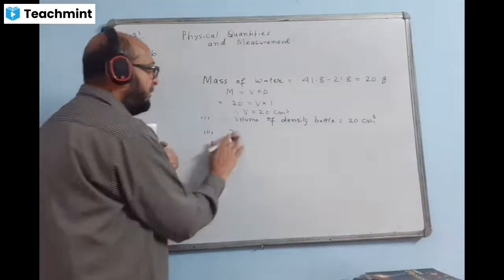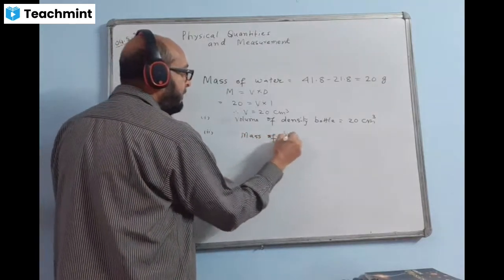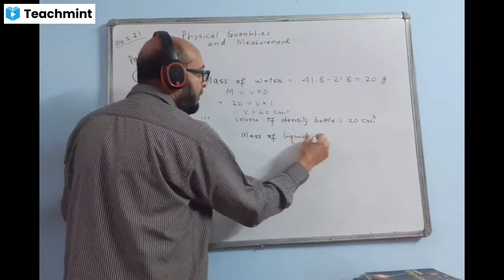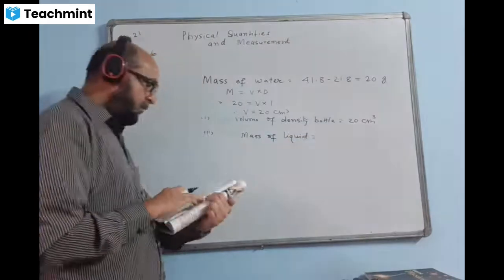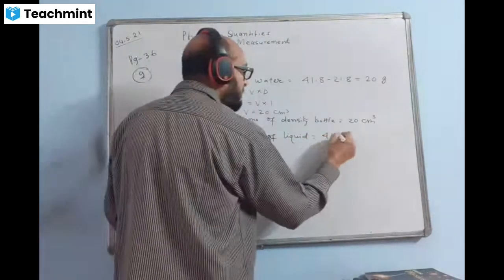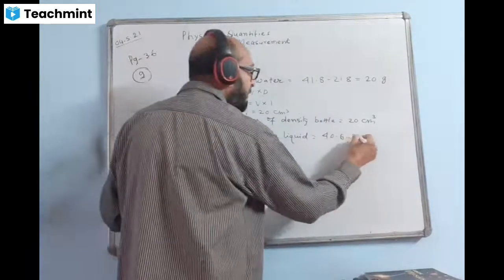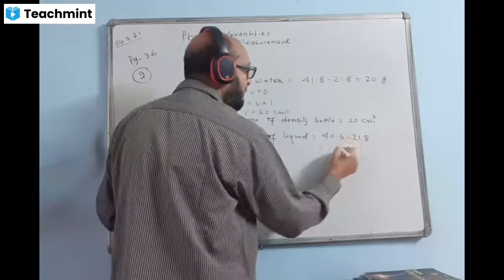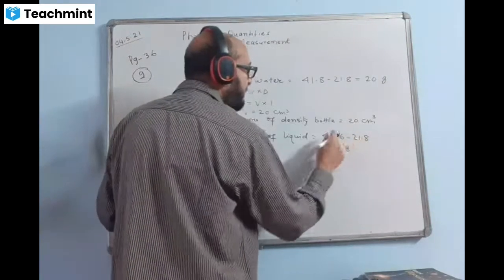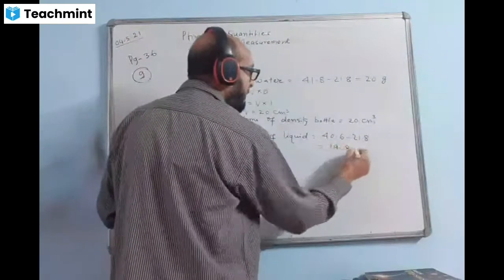Next, mass of liquid will be equal to 40.6 minus the empty bottle mass 21.8. We'll subtract it. 19.8 grams.